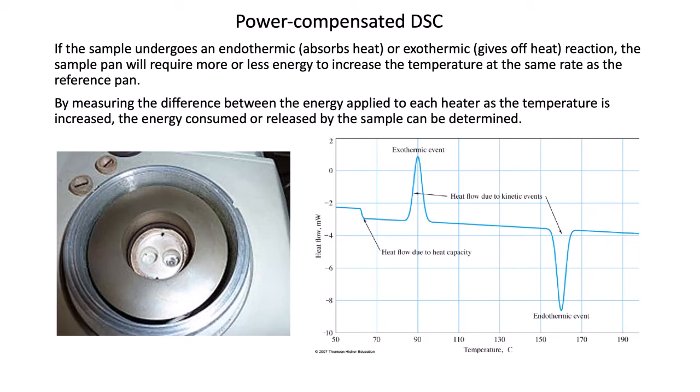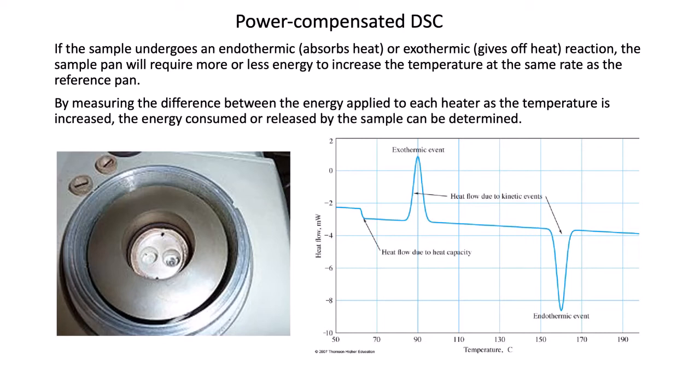By measuring the difference between the power applied to each heater as the temperature is increased or decreased, the energy consumed or energy given up, we can determine the amount of heat required for the transformation.